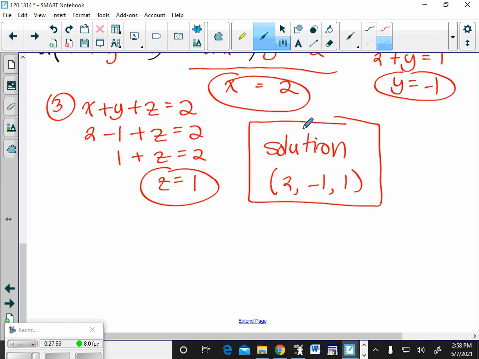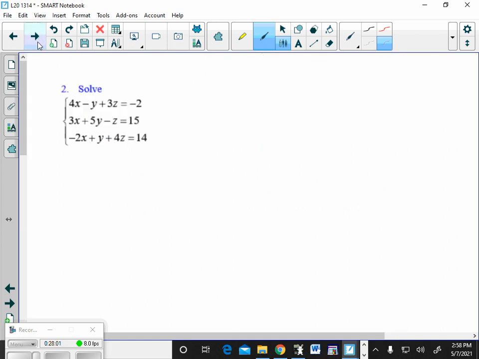Let's try that one more time where we have an ordered triple as a solution, and we will end this lesson. So let's label these 1, 2, and 3, and we first pick a pair and look at the y in equation 1 and 3. So we will use 1 and 3.